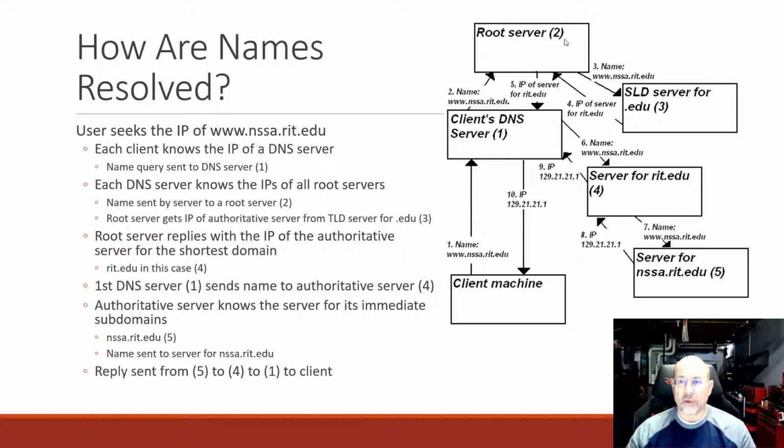Now, the root server might not know the answer either, or what it might simply do is say, well, I know that there's a second level domain server out there that knows all of the .edus. We send it over here to that particular server. Now, a lot of the root servers are going to know all this information, but that's kind of beside the point here. So the IP address of the server for .rit.edu comes back.